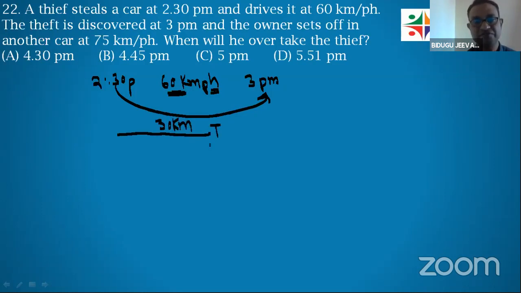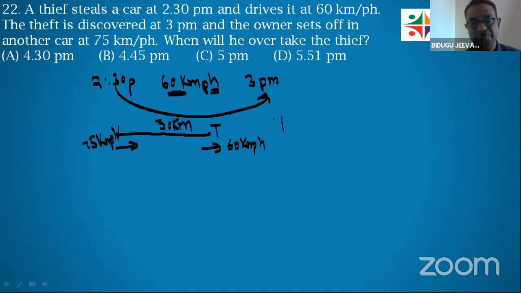Here is the thief. The thief's speed is 60 kilometers per hour, and the owner's speed is 75 kilometers per hour. When will he overtake the thief? As per the question, the gap between the owner and the thief is 30 kilometers. The thief is traveling in this direction and the owner is also traveling in the same direction.